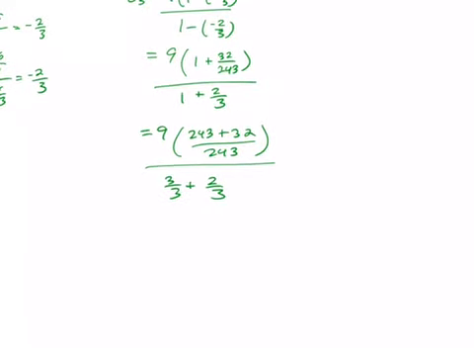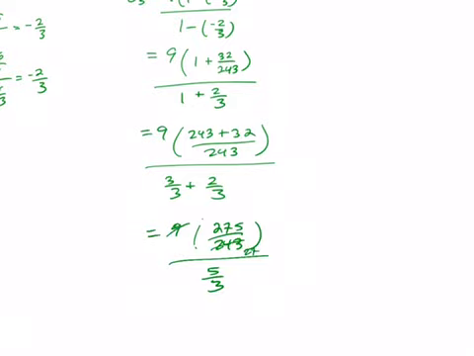Right, so 9 times 275. So if I simplify this 9 with this 243, that becomes a 27.